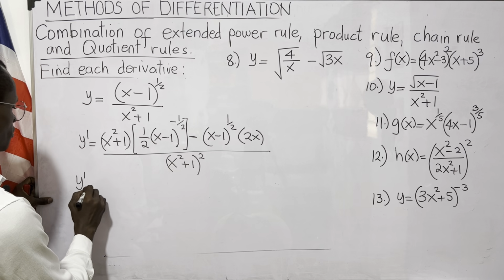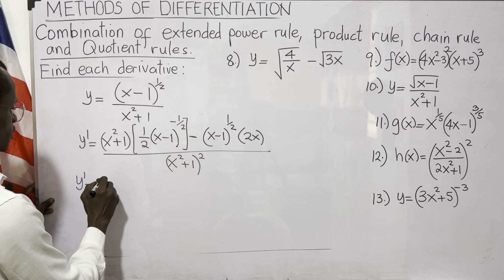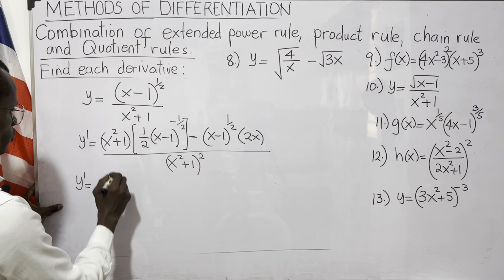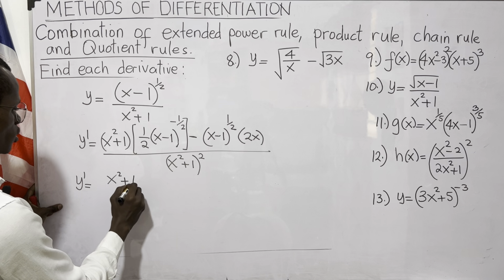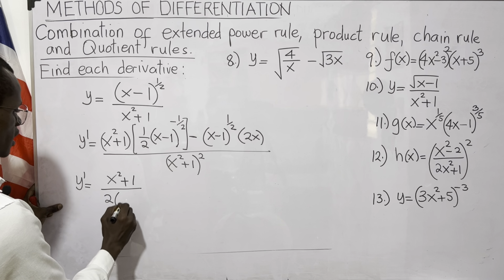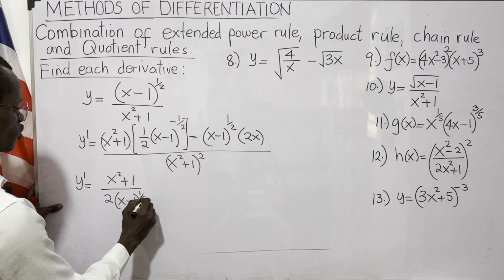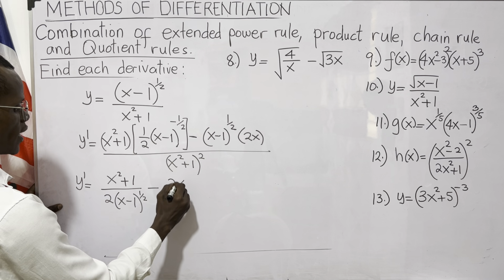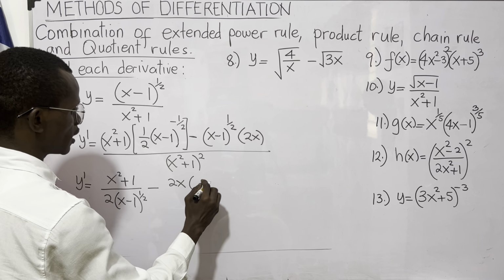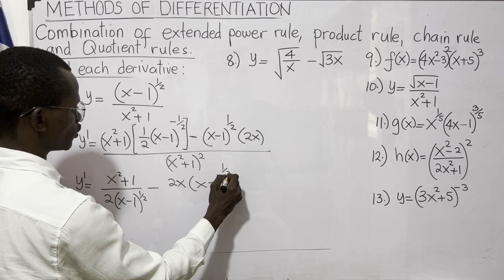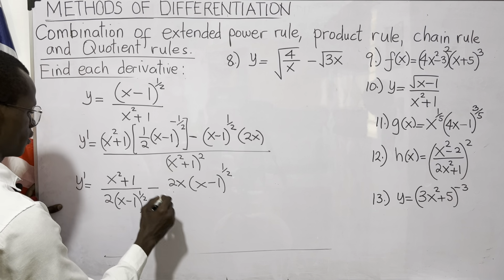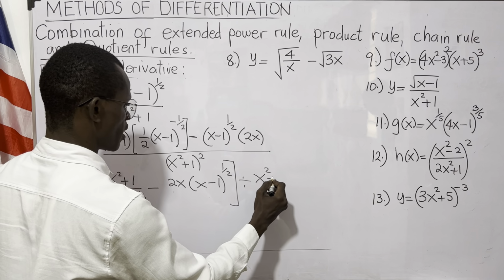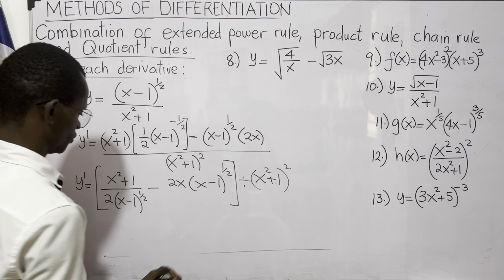So we have y prime equals, this is x squared. Now this is negative, so we can reciprocate. So up here is x squared plus 1 all over 2 times x minus 1 raised to the power 1 over 2, minus 2x times x minus 1 raised to the power 1 over 2. So this whole thing must be divided by x squared plus 1 all squared.